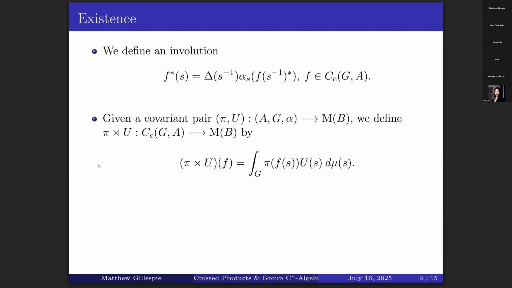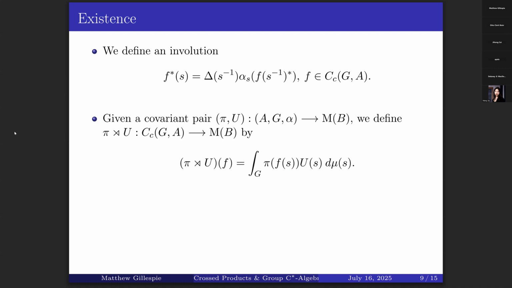With this involution, given a covariant pair, so a covariant homomorphism of the system, we can define a new representation of this vector space C_c(G, A). Again, I'm using vector valued integration here. The formula simply states that I'm integrating pi of f of s times u of s d mu of s.